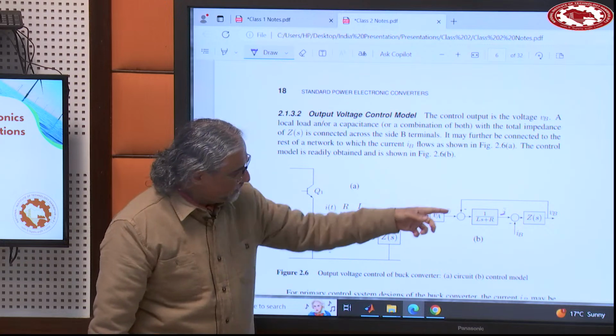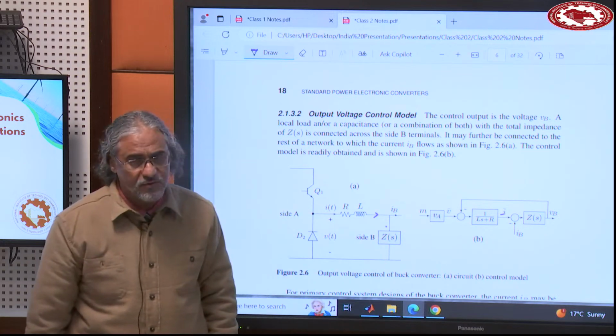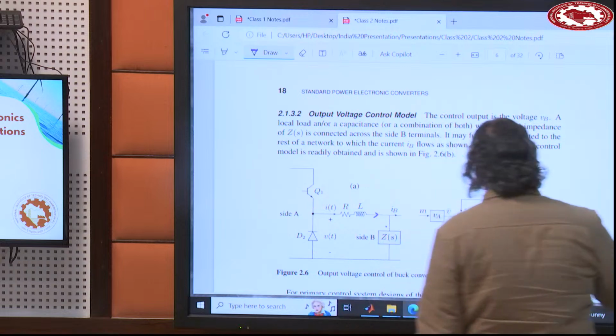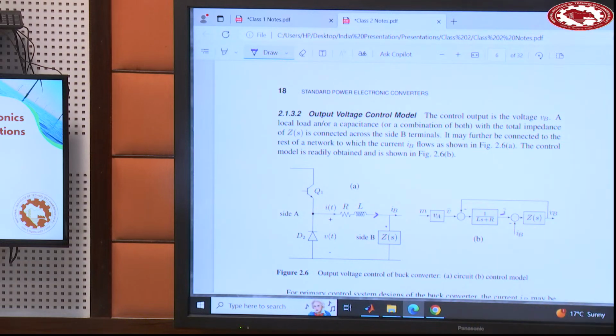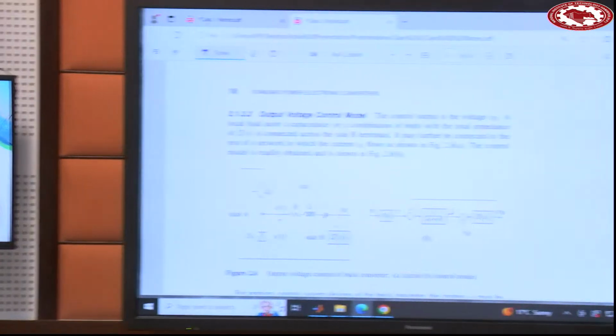That voltage goes back here, as feedback. So this is the control model for controlling this voltage. If you want to control the output voltage, this is the model that you have.